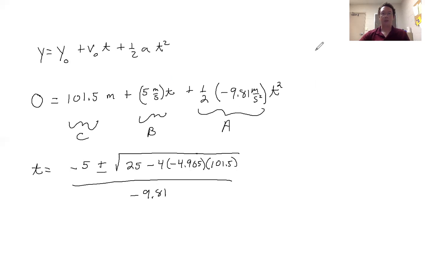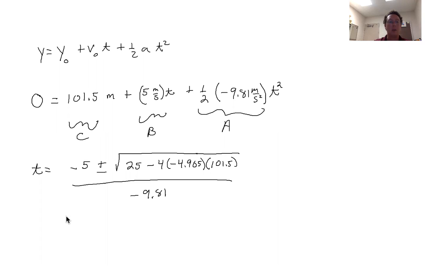Okay, so we have to solve this, and I'm going to use my calculator to do that. So just give me a second. Okay, so I've used my calculator here to crank out the numbers, typed them all in. And what I get are two solutions.